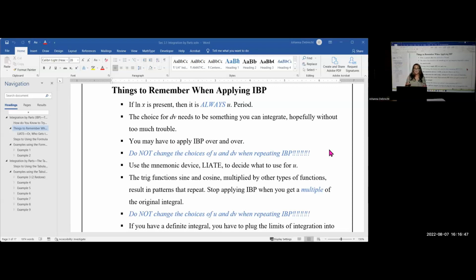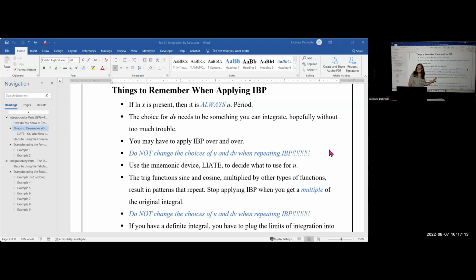I started with sine, I took the derivative twice, and now I've got negative sine, which is just sine times a negative 1. This is a pattern that repeats. So it repeats because the derivative pattern of sine or cosine repeats every 4, and actually every 2, you get a multiple of what you started with. And all we need is the multiple.